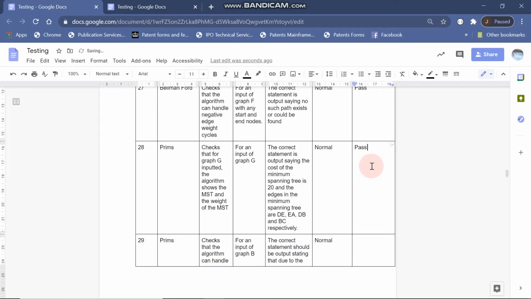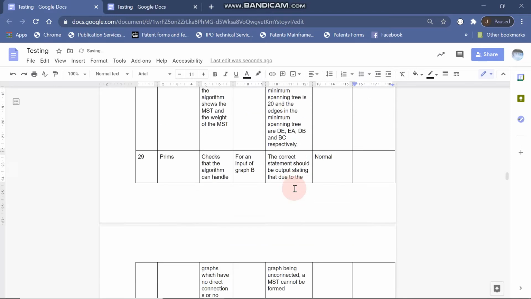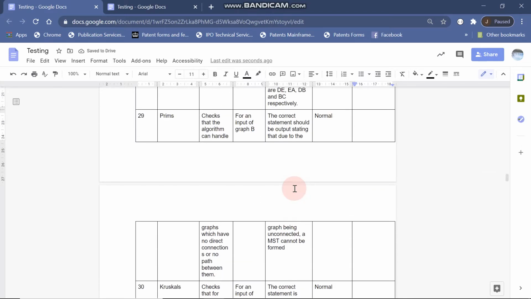Okay, now test number 29. Now the thing with the minimum spanning tree algorithms is they work with graphs that are connected, right? So if we have a graph that is unconnected, then we can't find a minimum spanning tree, because a minimum spanning tree needs to have all the nodes.